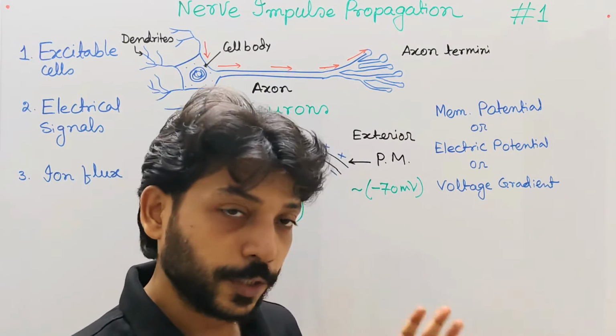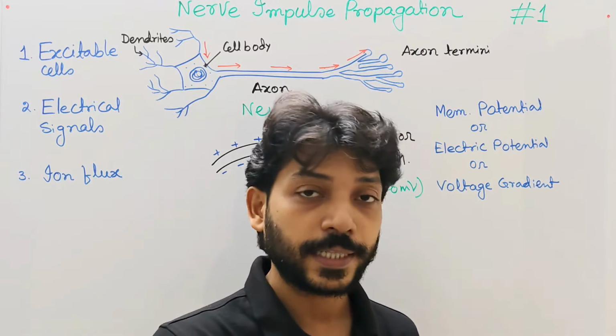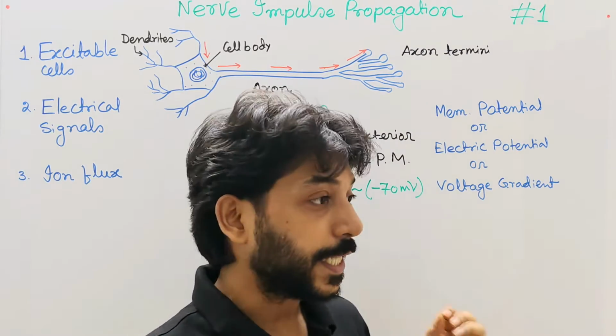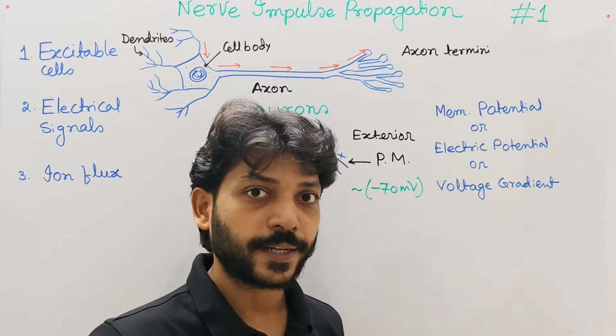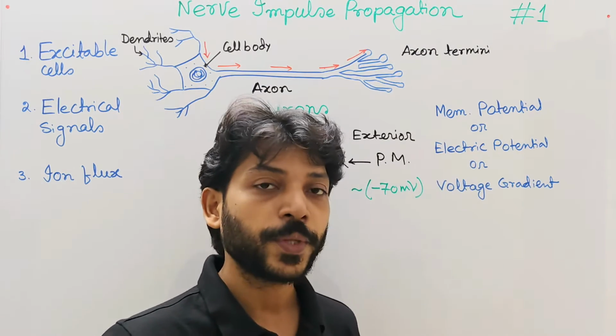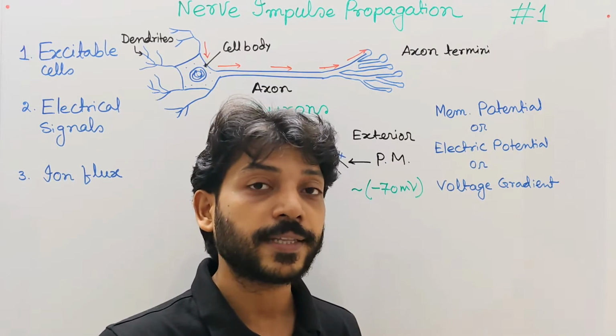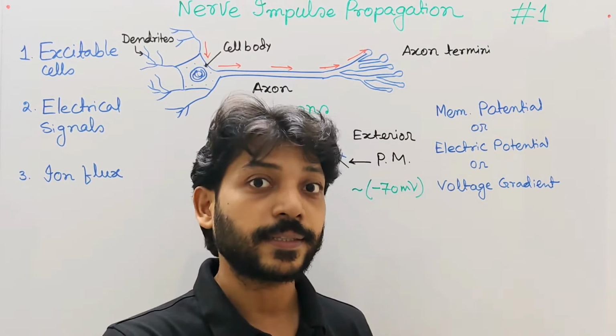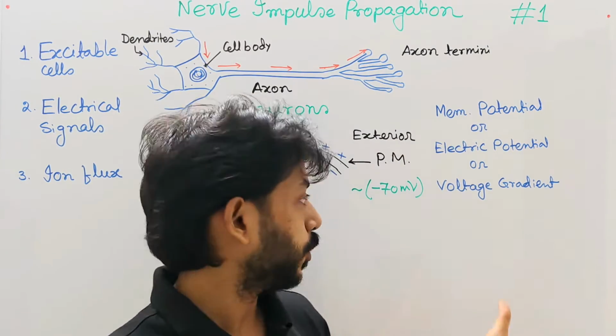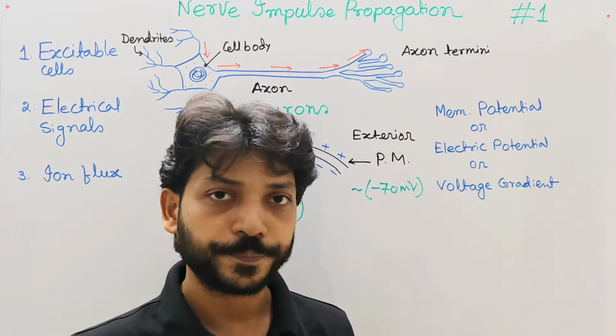Now in case of neurons or muscle cells or beta cells of pancreas, they can sense the change in this potential. This potential can rise or can fall, and these cells can sense the change in membrane potential. So this is the first fact, that these cells sense the change in membrane potential. We also can call it voltage gradient.